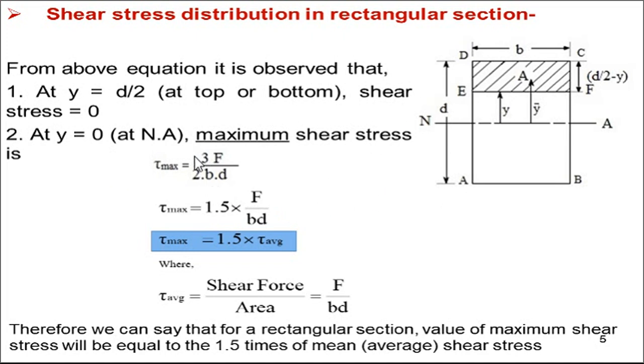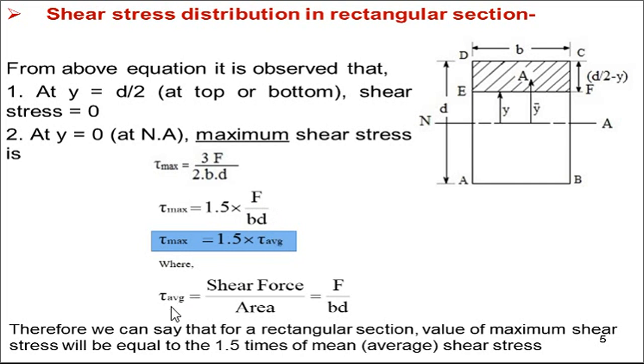shear stress is maximum. So now we get the relation tau max is equal to 3F divided by 2bd, so tau max is equal to 1.5 F upon bd. What is this F upon bd? This F upon bd is the tau average.